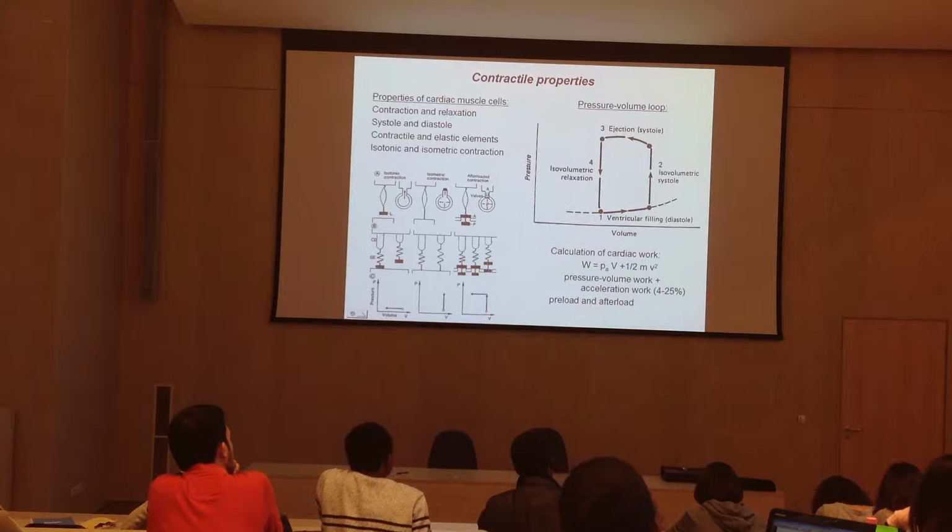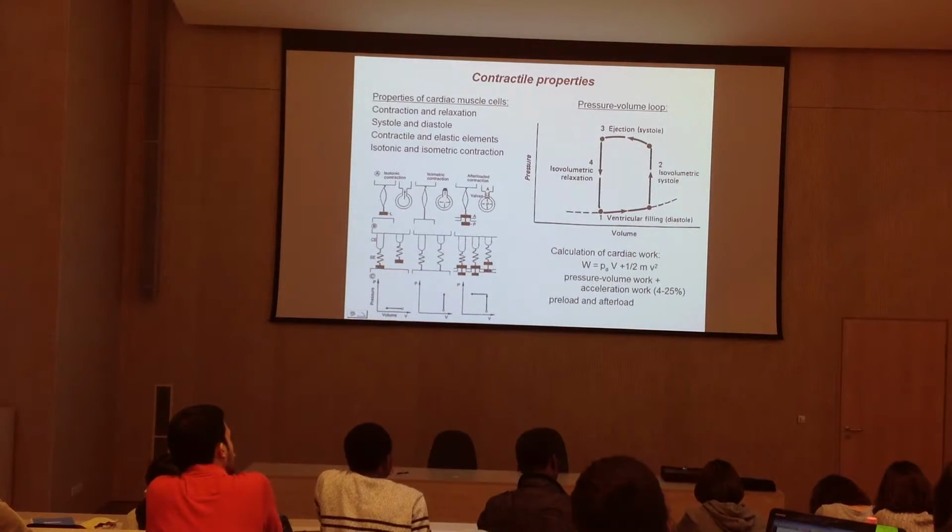If the volume of the blood is 2 times bigger, in this case the cardiac work will be 2 times bigger. If the aortic pressure is not 120 but 240, in this case, to eject the blood, the ventricle has to do 2 times larger work.